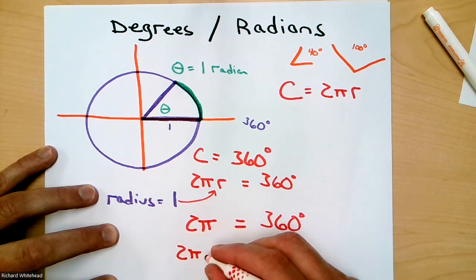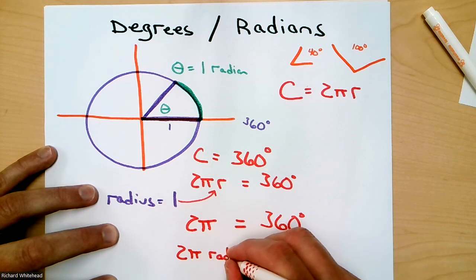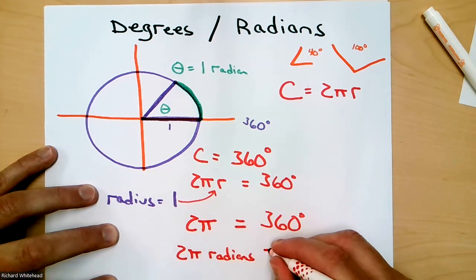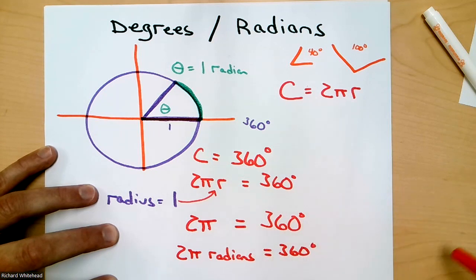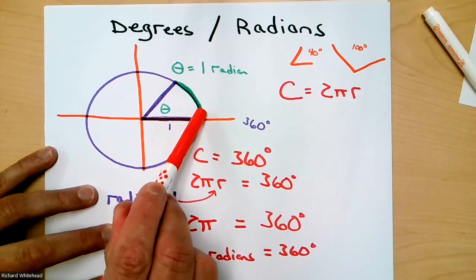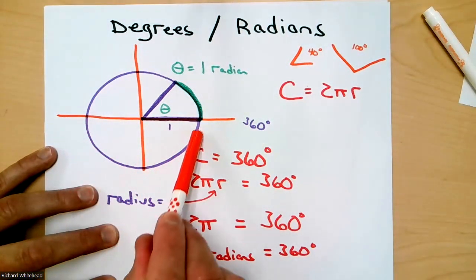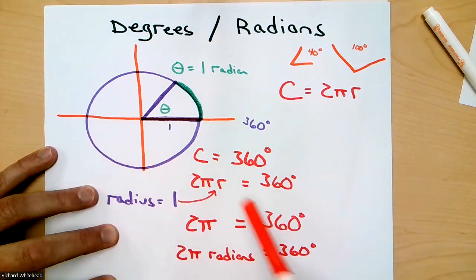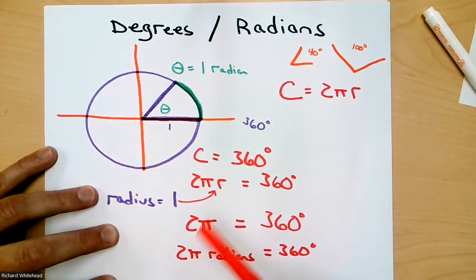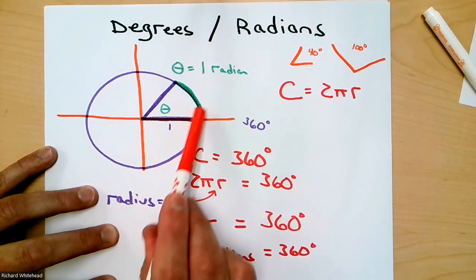So 2 pi radians equals 360 degrees. Meaning the circumference of the circle, we're not just talking an arc length, we're talking the entire circle, would be 2 pi because we standardized the radius to be 1.